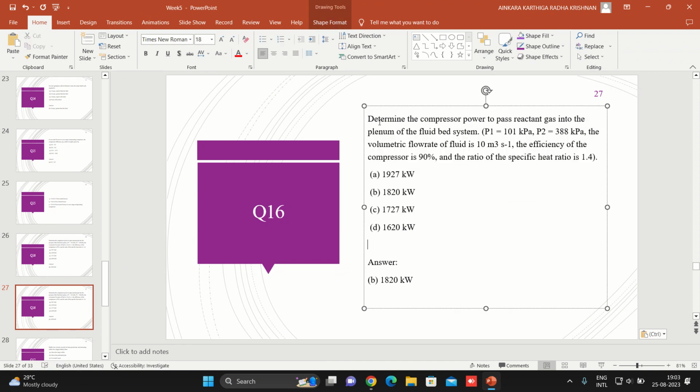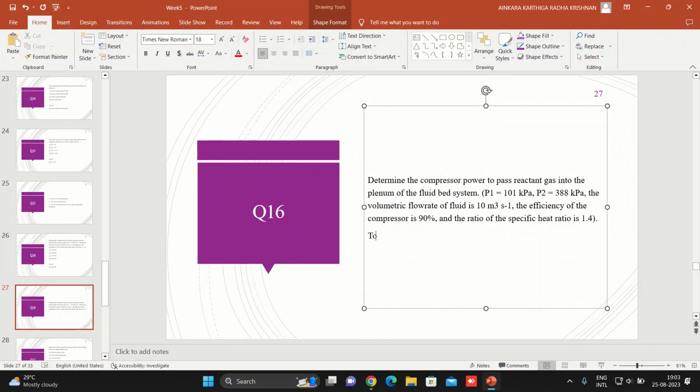What is the first step that we always do? We write the given. So similarly, we'll do that. What is given? Determine the compressor power to pass the reactant gas into the plenum of the fluidized bed system.